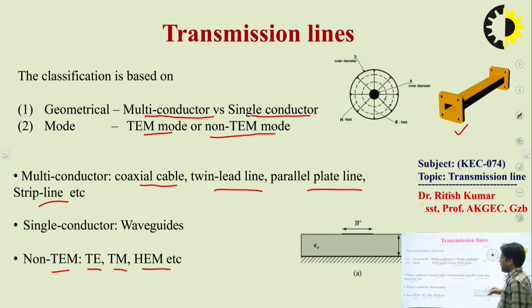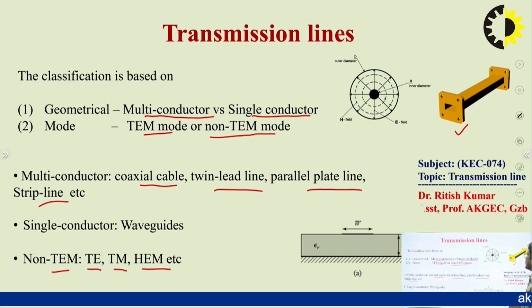At higher frequency, we always do field analysis. In field analysis, we need to understand the electric field and magnetic field orientation. Based on that orientation, we can analyze the transmission line, such as a waveguide, based on the mode: TEM mode, TE mode, TM mode, and HEM mode, the hybrid electric magnetic mode.